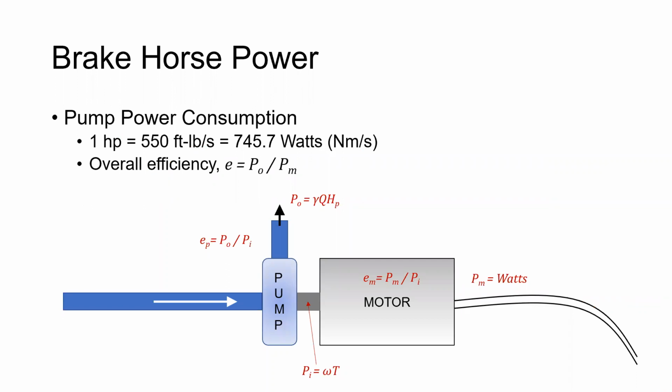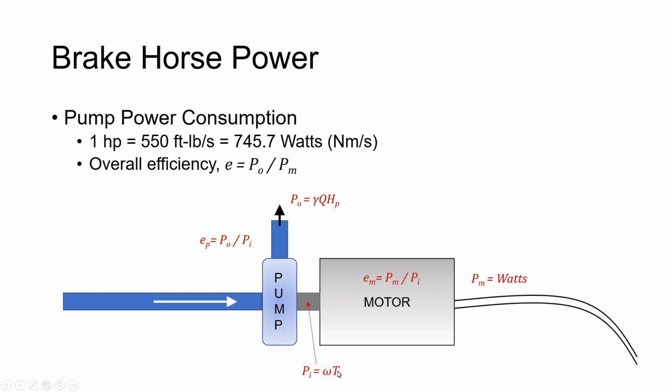We defined this previously, but I'm going to give you another diagram of this. The power consumption of the pump is that brake horsepower value. It's what electricity you're providing to the pump. There's going to be some efficiency between the motor and the shaft. We define the pump input power as omega T, so the speed, the rotations per time, times the torque.